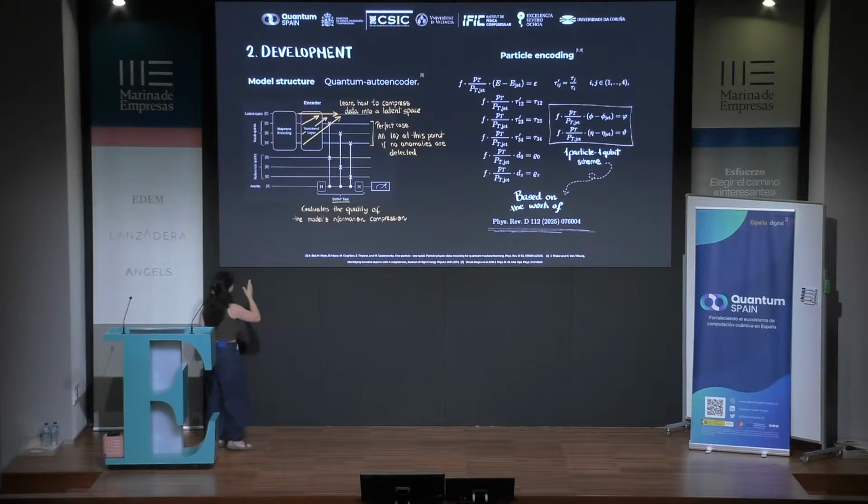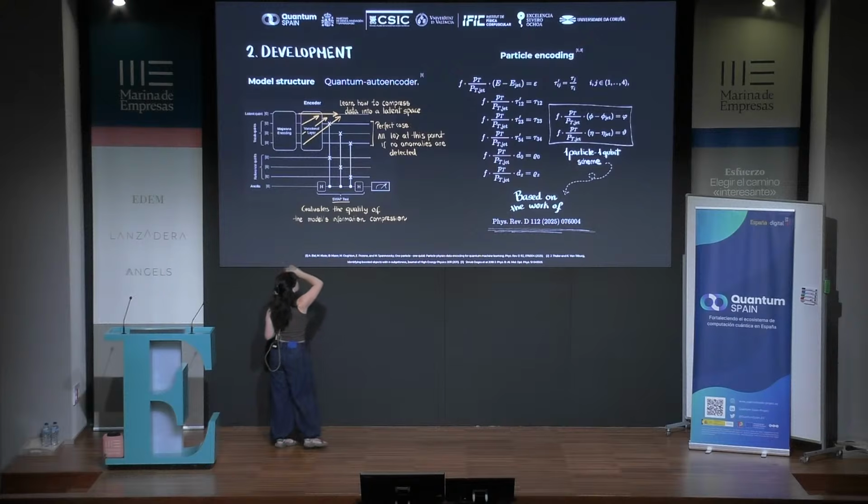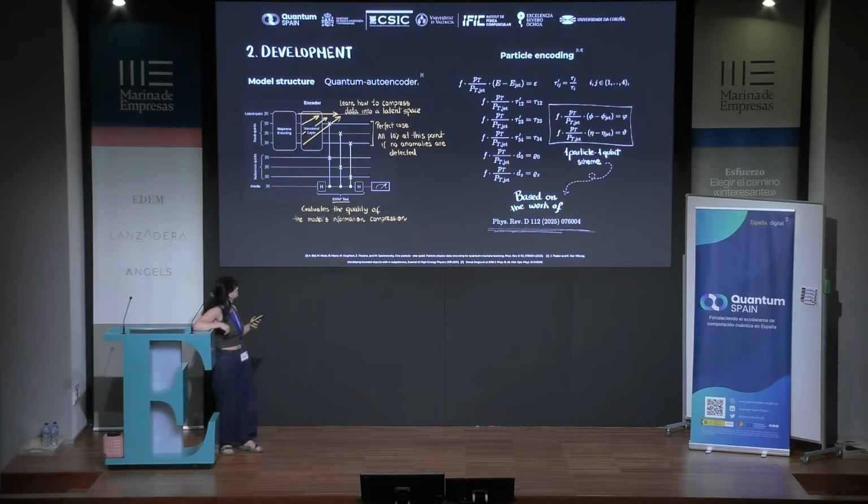To evaluate this, we declare the same number of trash qubits as reference qubits, initialized to 0, and then we perform a swap test to evaluate how well the model compressed the information into the latent space. Because in the perfect case, all the trash qubits after the variational process should be in the 0 state. So that's basically how it works.